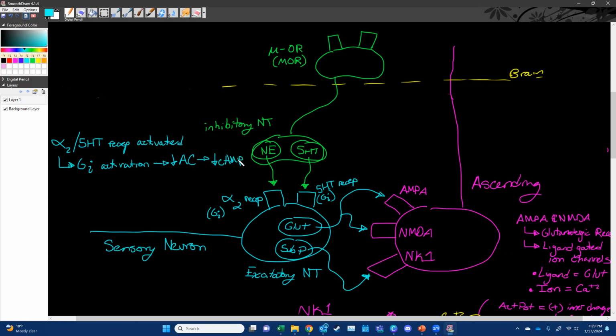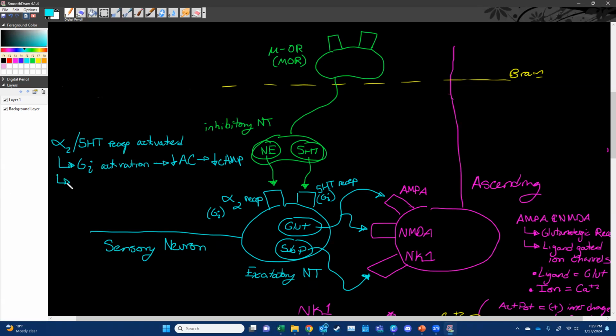And we know that cAMP is all about the function of the cell, right? So activating either one of these receptors is going to make the sensory neuron work worse.